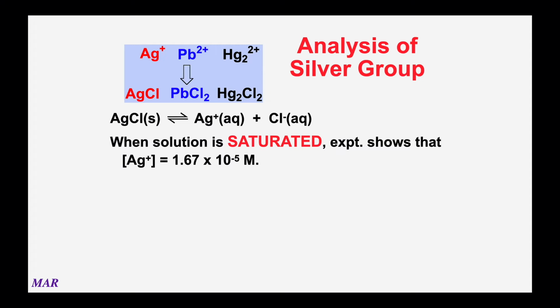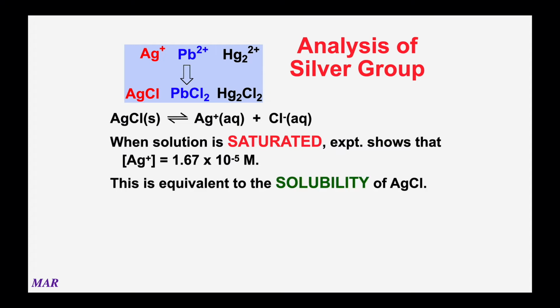People have studied the silver chloride reaction in a lot of detail, and they find that the solution is saturated, i.e. silver chloride solid begins to form, when the silver ion concentration is 1.67 times 10 to the minus 5 moles per liter. That's a pretty small concentration. It doesn't take a lot of silver ion to make this happen.